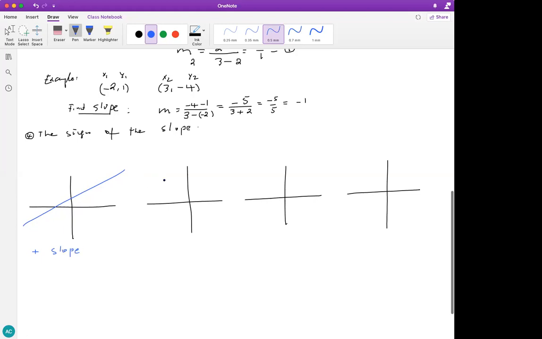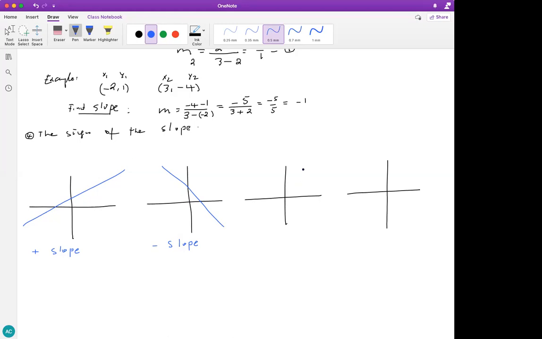And if instead the line falls down from left to right, that's how you know your slope will be negative. So the line either goes up or goes down from left to right.